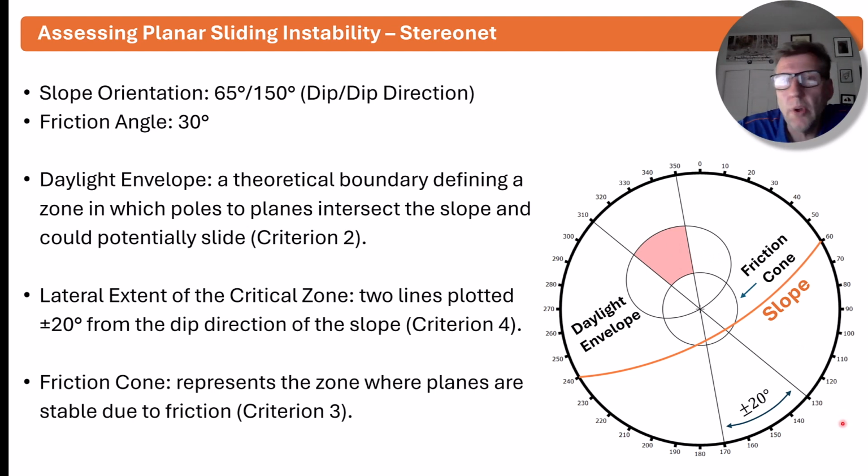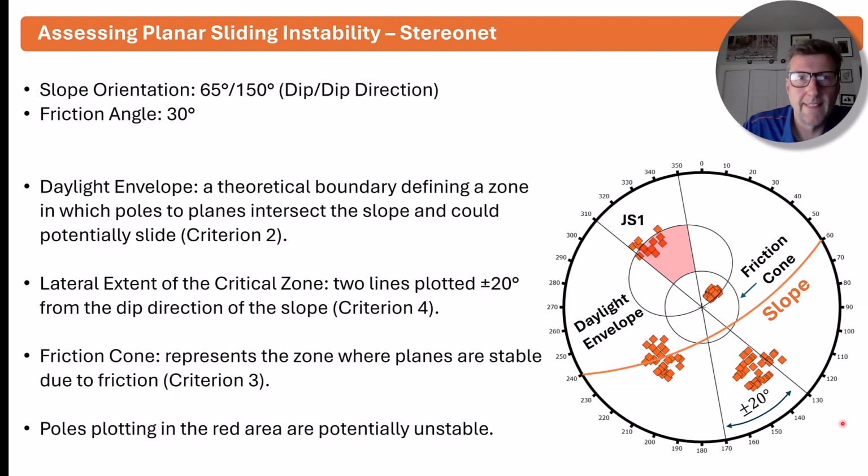So finally, let's plot the poles to the discontinuities. If you recall from a couple slides previous, we had 4 joint sets: joint set 1, joint set 2, joint set 3, and joint set 4.